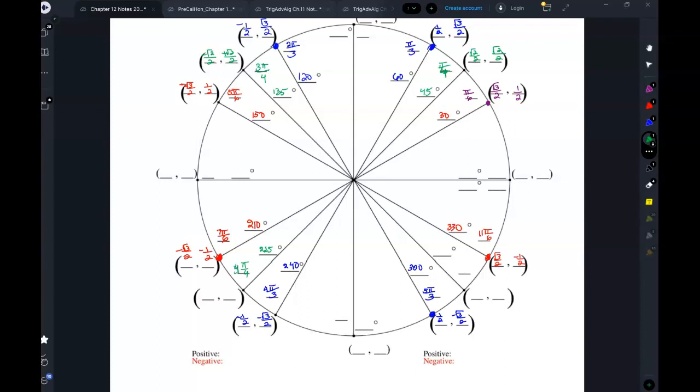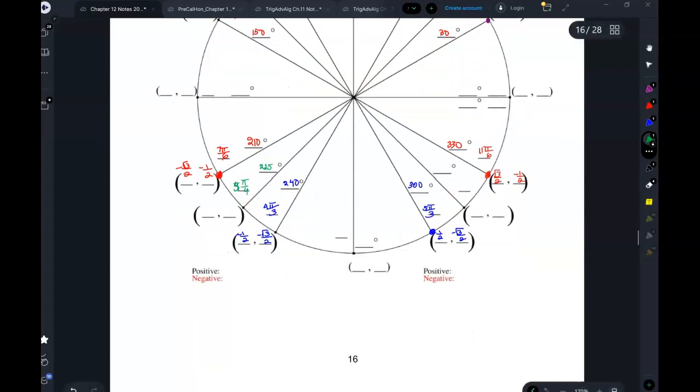What's that going to be? Right. And finally, 315, 7 pi over 4, positive root 2 over 2, negative root 2 over 2.